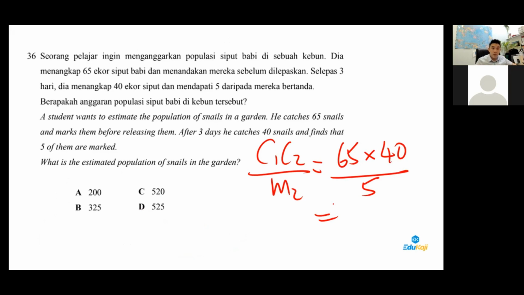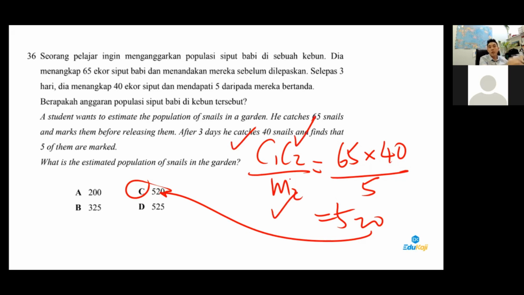C1 is first capture, C2 second capture, M2 is how many are marked in the second capture. Let me calculate. So 5 are marked lah. So the answer is C lah, 520. It's the easiest calculation ever lah. Okay, 36 C.